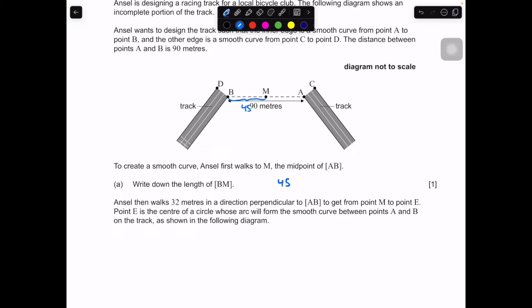Ansel then walks 32 meters in a direction that is perpendicular to AB to get from point M to point E. Point E is the center of a circle whose arc will form the smooth curve between A and B on the track, as shown in the following diagram, and it's down here.